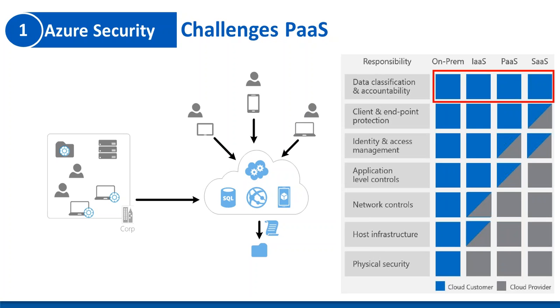Likewise, when it comes to the services themselves, pretty much all of the services that I'm aware of at least have some sort of data loss prevention feature built in. Use those to make sure that you are absolutely sure that your data doesn't end up where it shouldn't be.